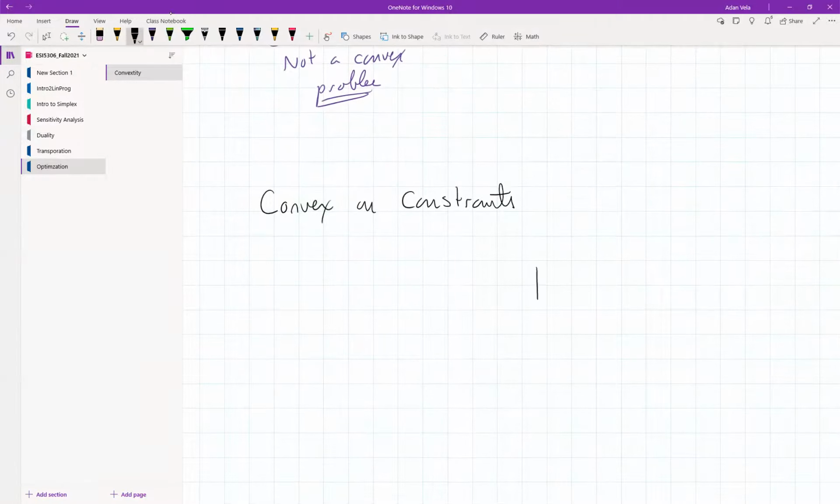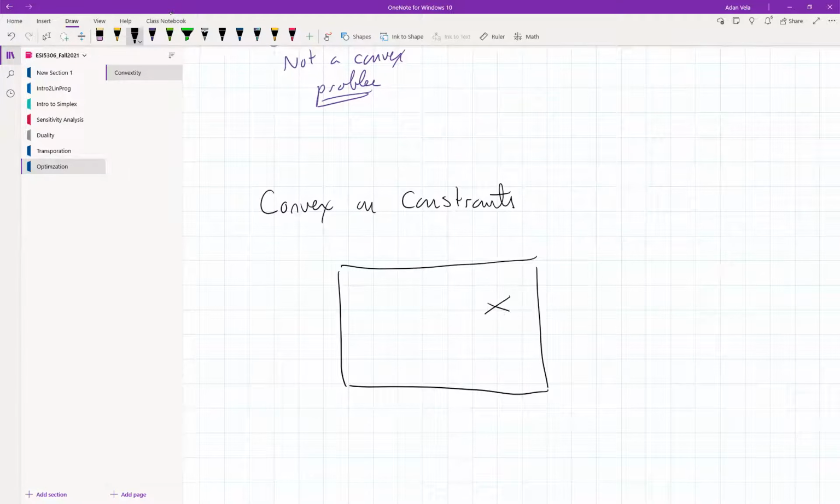So again, we're going to draw our room. We're going to pretend we have a little fire right there. And we have our person who's blindfolded, right? And normally they would just walk directly towards the fire.